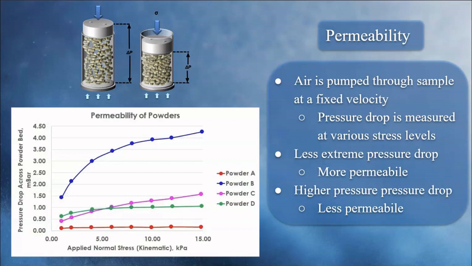We can see as we increase our stress onto the sample, our pressure drop is going to increase for most of the samples. Now if we look at A, its pressure drop is not as high, and that's probably because this is a very, very permeable powder, and it's able to allow air to pass through it even at high stresses.